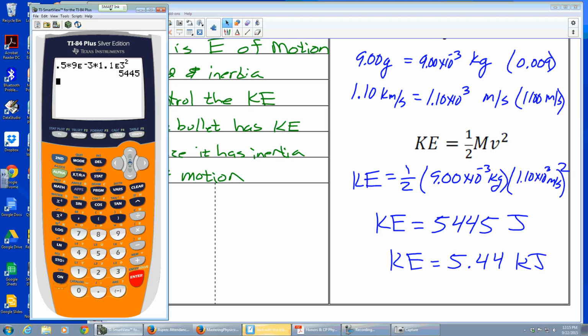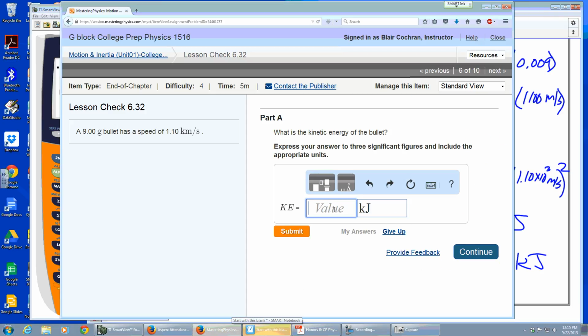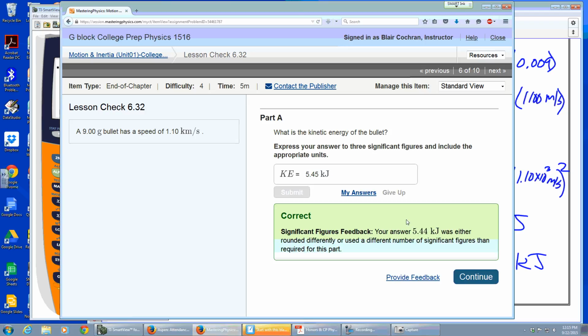We'll see if the site likes scientific rounding or mathematical rounding. I'm really not sure which one it takes. Let's see. 5.44. Yes.